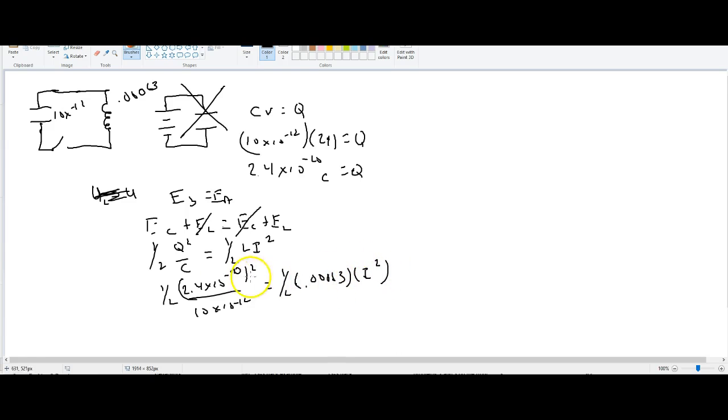So at this point, when the capacitor no longer has any energy, I would have all my energy shoved into my inductor, and so I could do this problem directly like that.